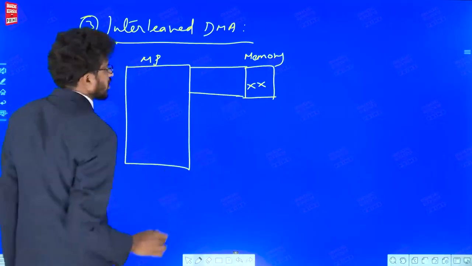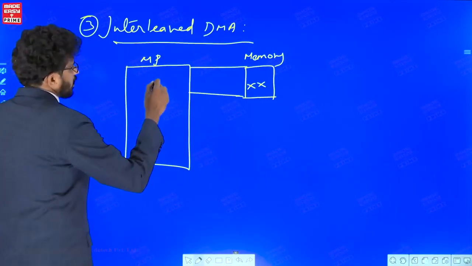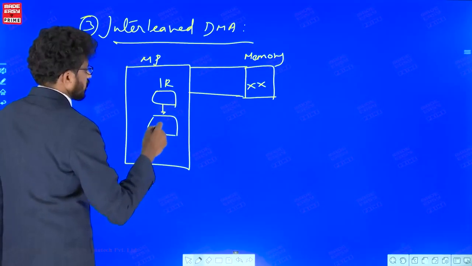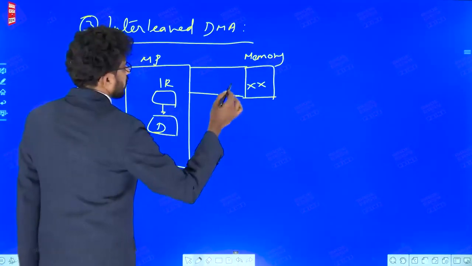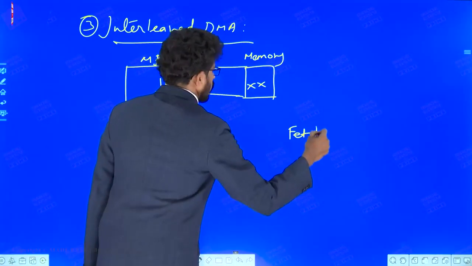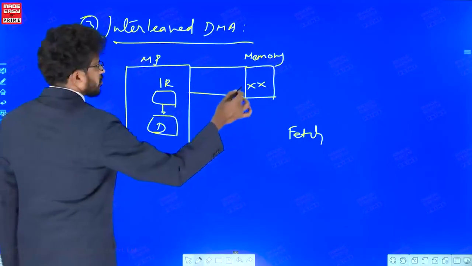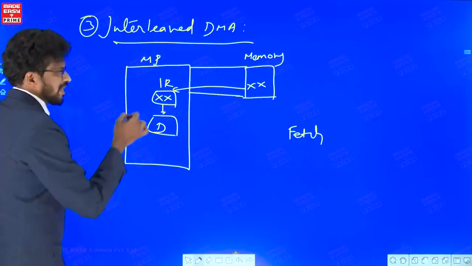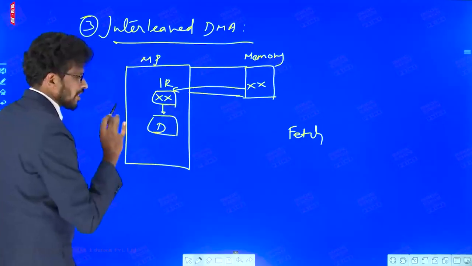So here the instruction will be brought into IR, the instruction register. This is the decoder. Let us say first for any instruction opcode is fetched. In the opcode fetch, first the instruction is brought into the instruction register. Opcode is brought here. Fine. PC is placed on the bus, opcode is brought and decoded.